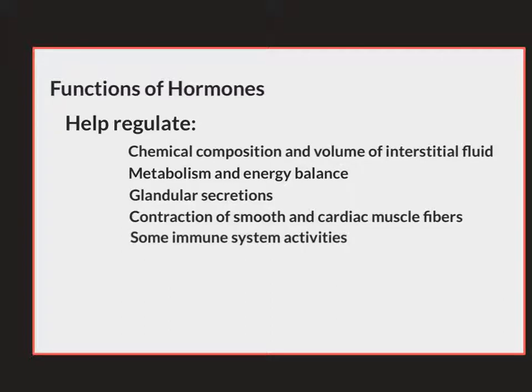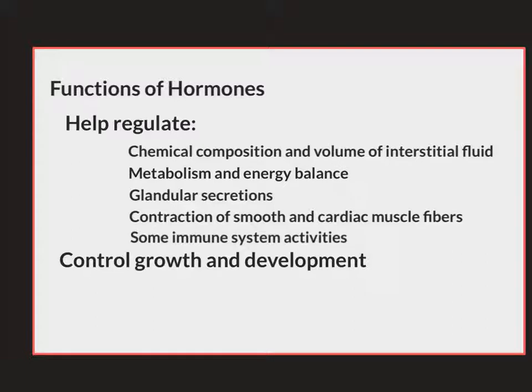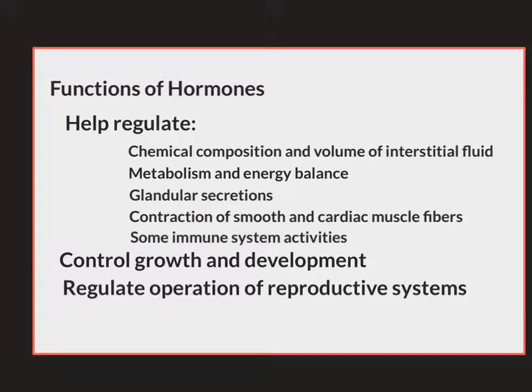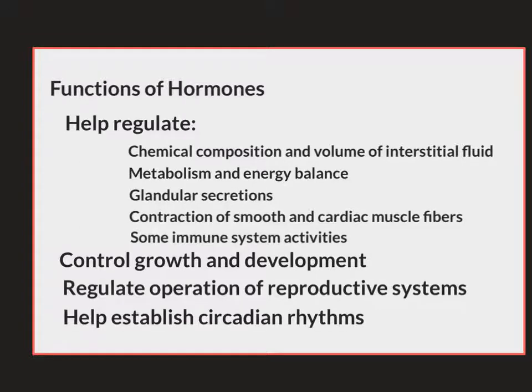The hormones also help to control growth and development. They regulate operation of reproductive systems. We'll talk a lot more about that later on, and then again in the male and female chapters. And they help establish circadian rhythms, those night and day cycles.